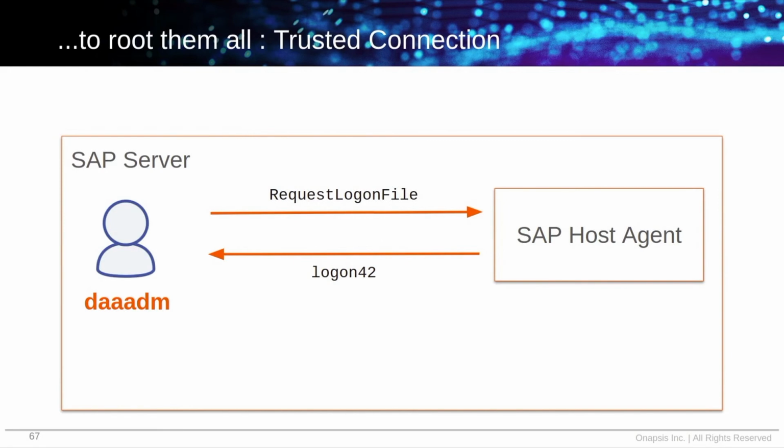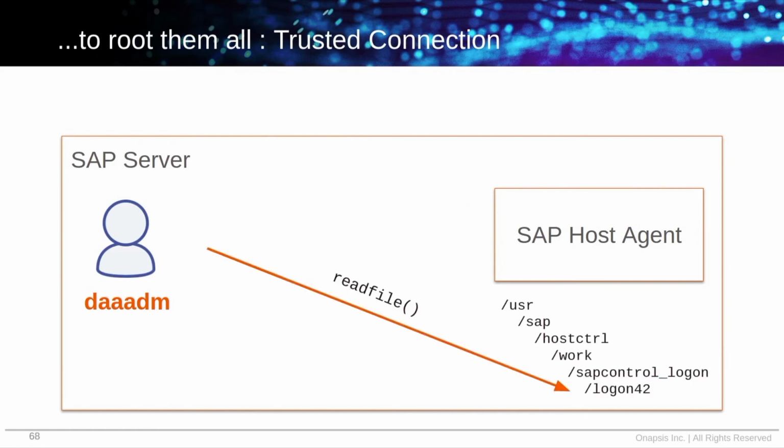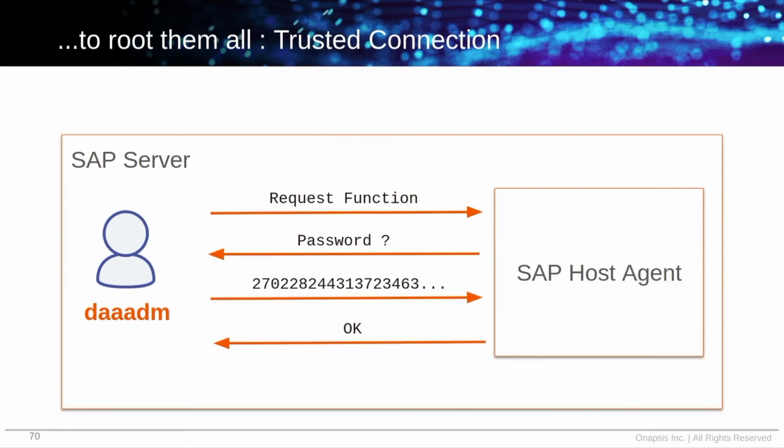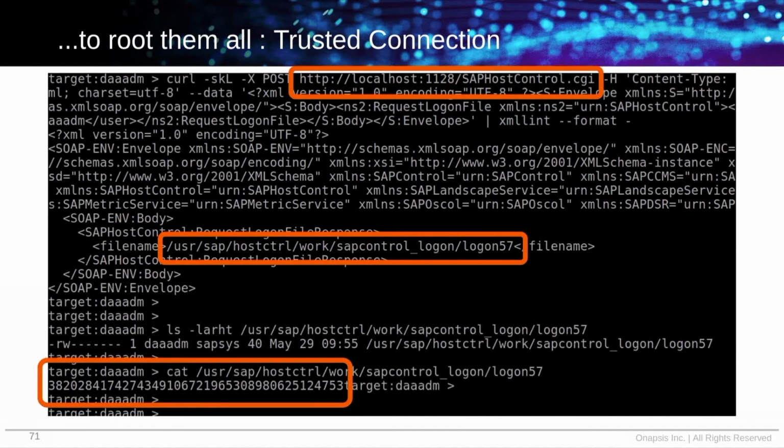The SAP host agent sends back the path, a local path to a file, for example, logon42. Then the ADM reads the content of this file, and the content of this file is the password, the temporary password you can use to perform one request. So this is very simple like that.